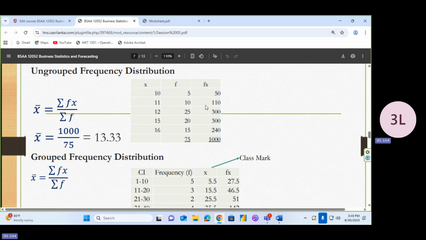Press the mode button twice, then press number 1. What is the first observation value? 10. Enter the number 10, then press the semicolon.